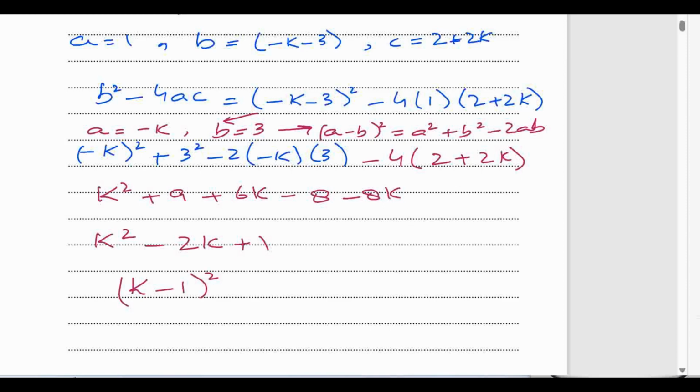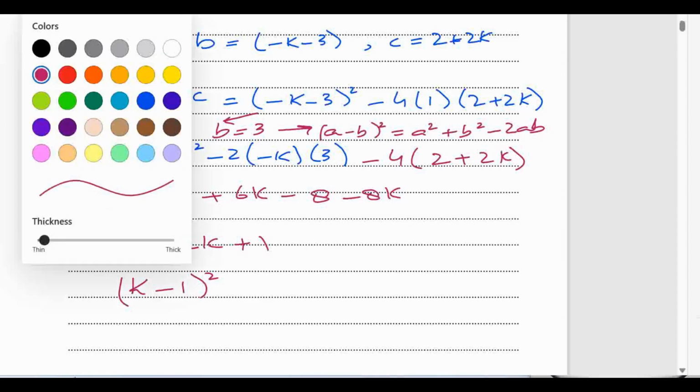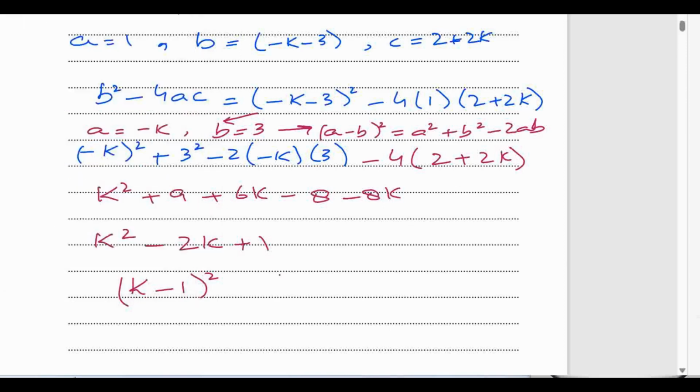This will always be a positive value, and the answer will always be greater than or equal to 0. For example, if you put negative values of k, the answer for k minus 1 whole square will also be greater than or equal to 0, just because of this square.